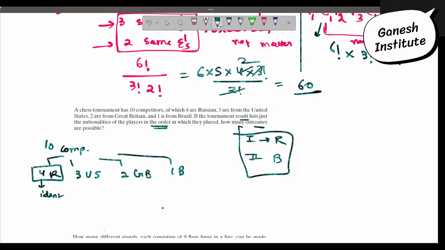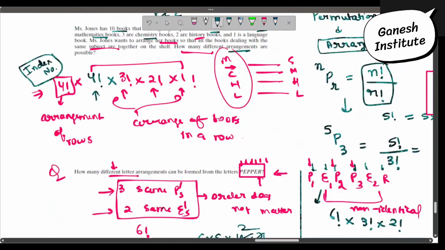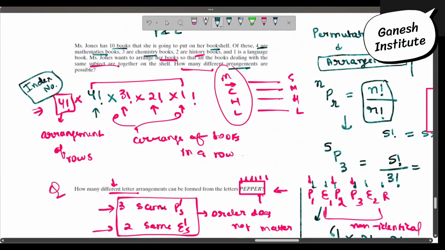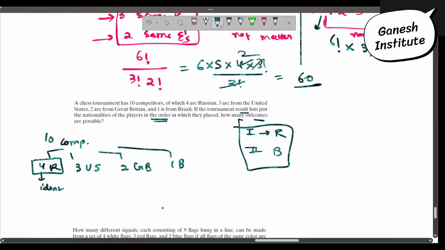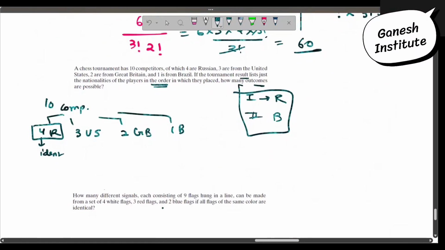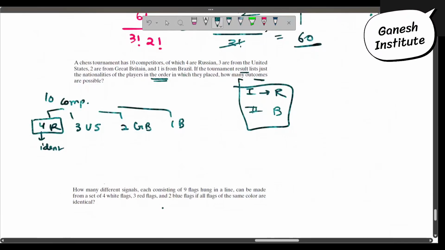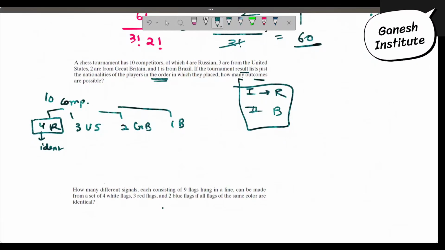Just like we had maths, chemistry, and all those sort of books, they asked me to find out different arrangements. So we simply put this when order matters. But here, order doesn't matter. They are repeating, right? So what do you think will be the answer? I think number of outcomes.